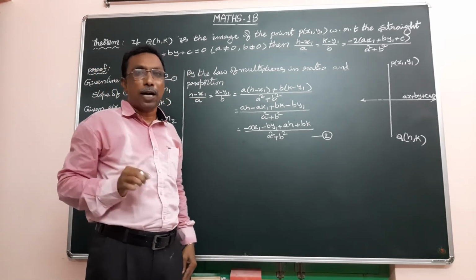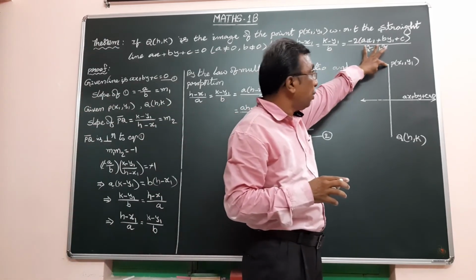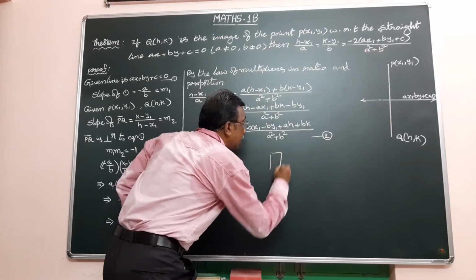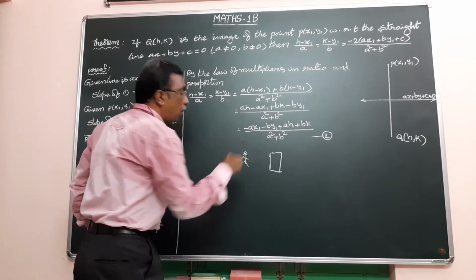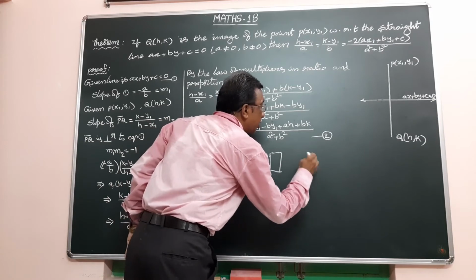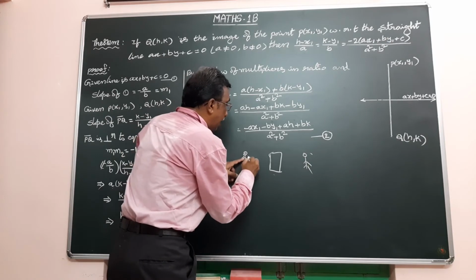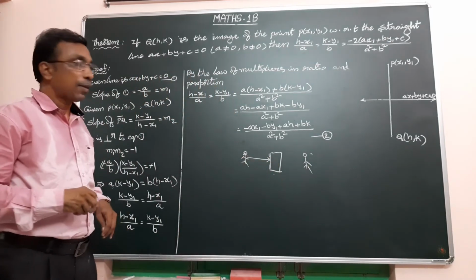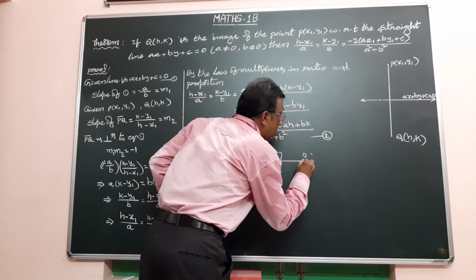This is the original boy, and this is the boy's image. The distance from the original boy to the mirror is equal to the distance from the mirror to the image.